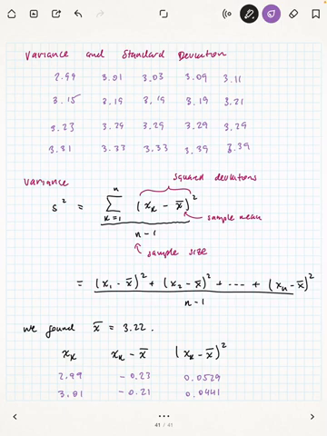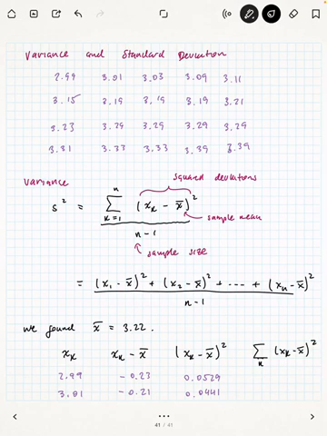And then lastly, you would add these all up. You would add these all up and divide by your sample size minus 1. That said, usually there's a formula for finding a variance.